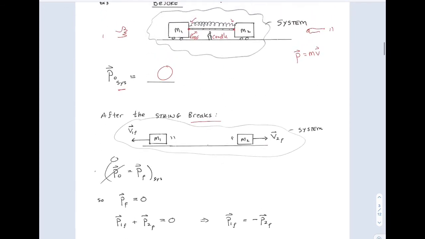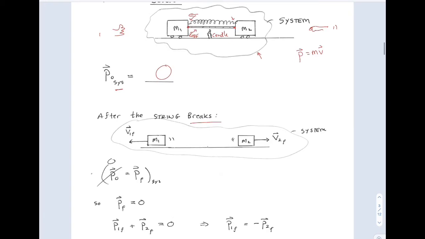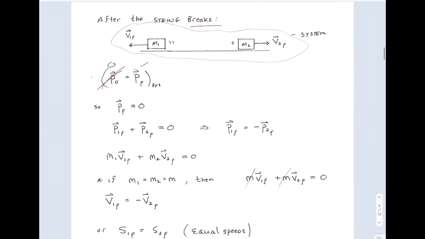Where these two things break apart, if this is my system, the spring pushes on number 1, and the spring here pushes on number 2. Those are internal forces to my system. There are no external forces, no fingers that come by. So there's no net external force, so momentum is conserved. Initial momentum is 0, which means the final momentum has to be 0.